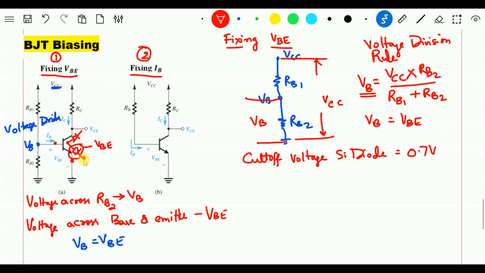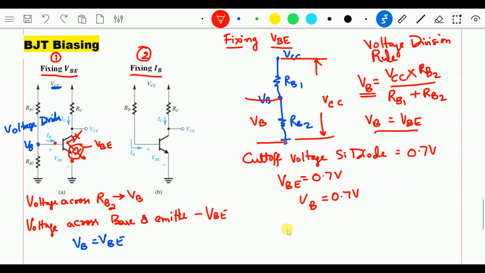Therefore, by looking at this diagram, you can easily say that your VBE is equal to the cutoff voltage of the diode, which is 0.7 volts. So through this we can say your VB is equal to 0.7 volts, because VB was equal to VBE, which we have written here. So VB equals 0.7 volts. This is how you are fixing the value of VB.